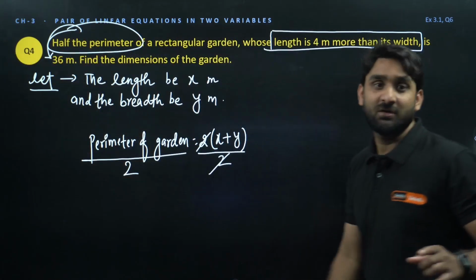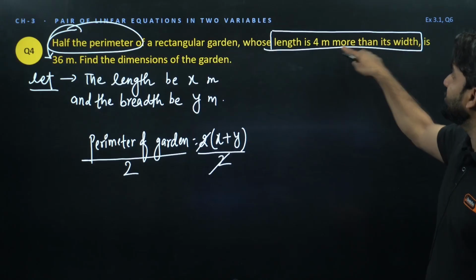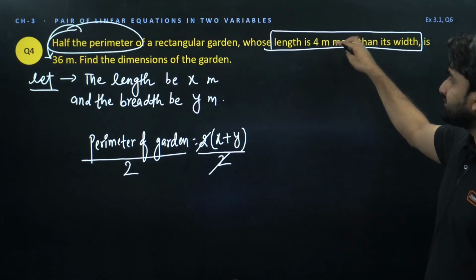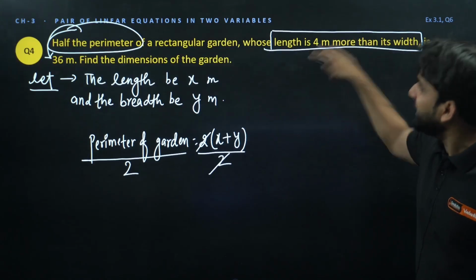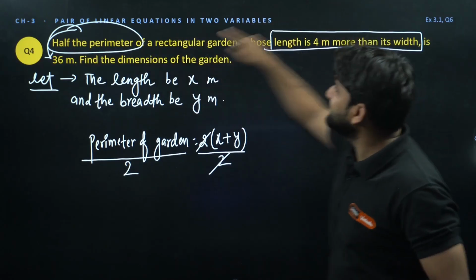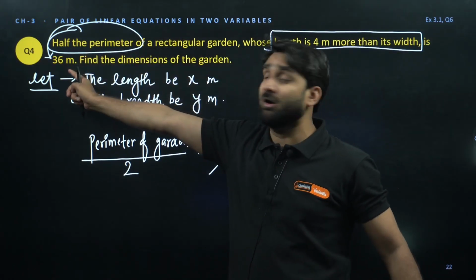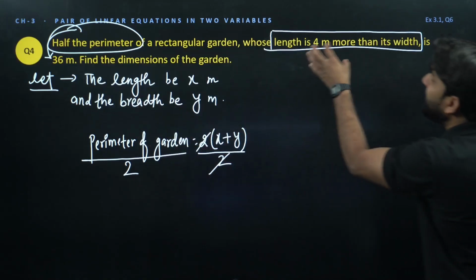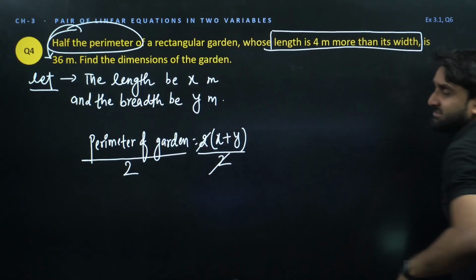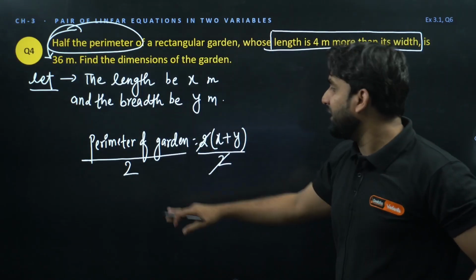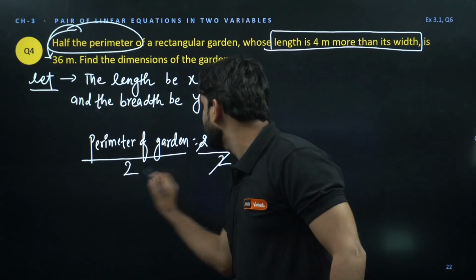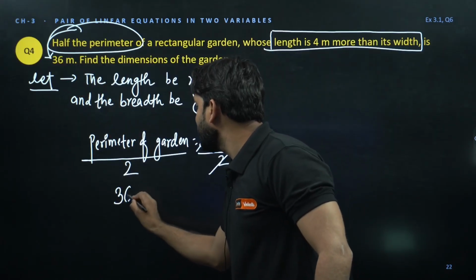This is confusing, because this information is inserted in between the information of this. Half the perimeter starts from this word and ends here, and the separate information has been inserted in between, right? So half the perimeter is equal to 36.